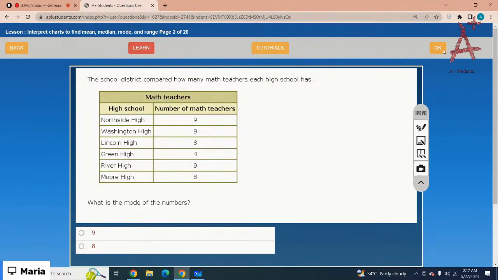So again you have to calculate the mode. Mode is the number that appears the most of the time. Yes, 9 appears 3 times in the data. So 9 is actually the mode. Got it?